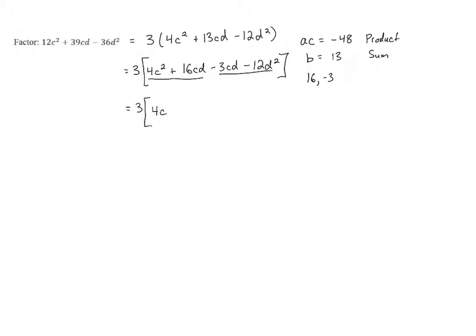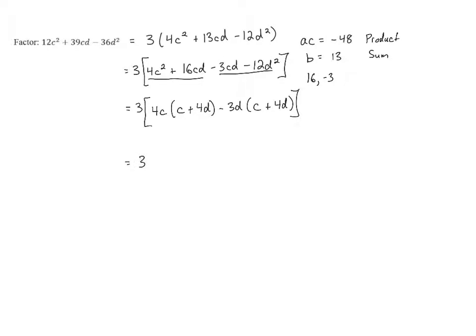So I'm going to pull out 4c, and then the leftovers are going to be c plus 4d. Now if we look to the second group, both of those terms have a negative 3d in it. So I'm going to pull out negative 3d, and that's going to leave us with a positive c plus 4d.